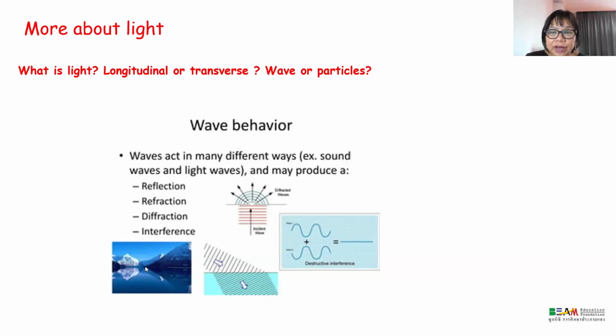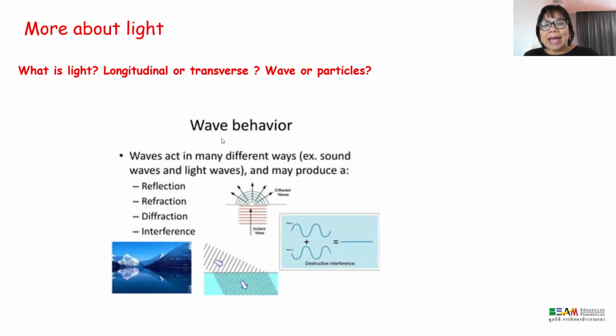Diffraction means bending of the waves after coming through a narrow gap. Interference means when those bent waves interfere with another wave from another source, they can overlap. That's called interference.